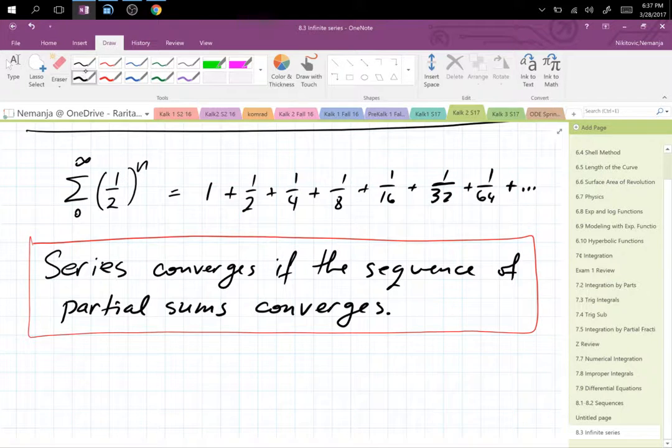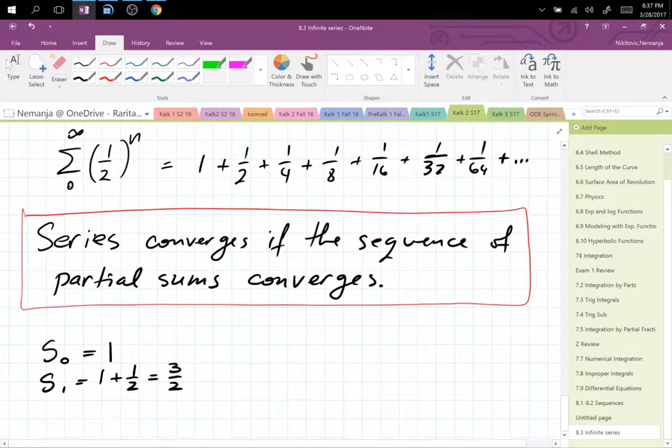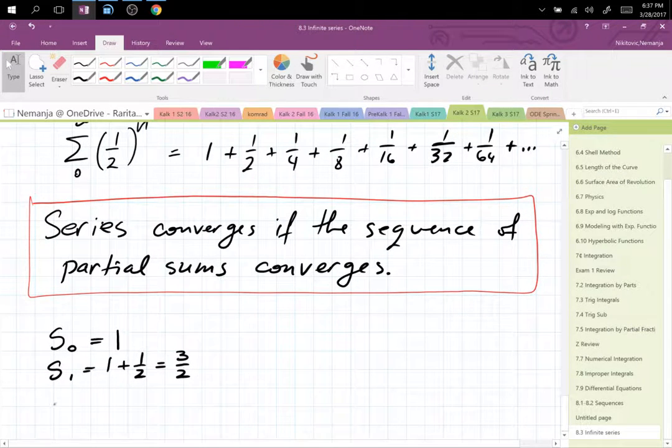Let me write the sequence of partial sums. So S0 is just 1. S1 is 1 plus 1/2, which is 3/2. Now I have to add the first 3 numbers, common denominator, so 1 plus 1/2 plus 1/4 is altogether 7/4.